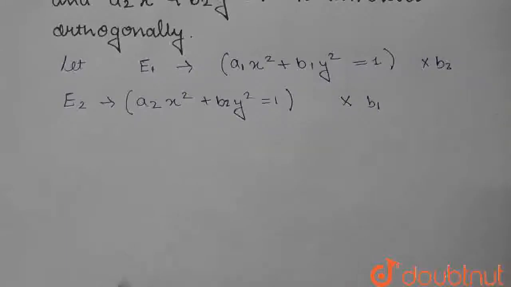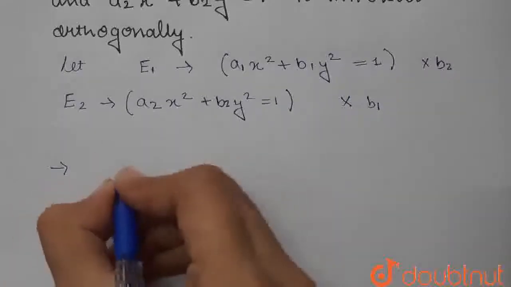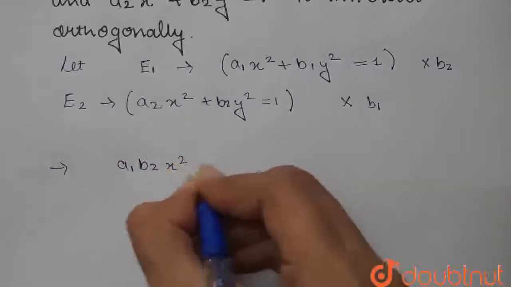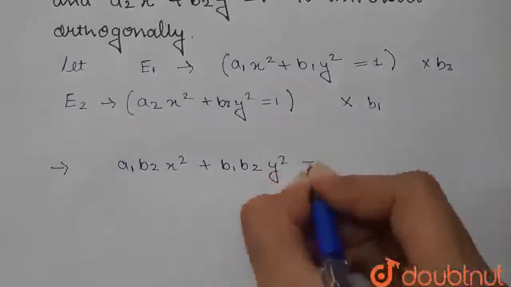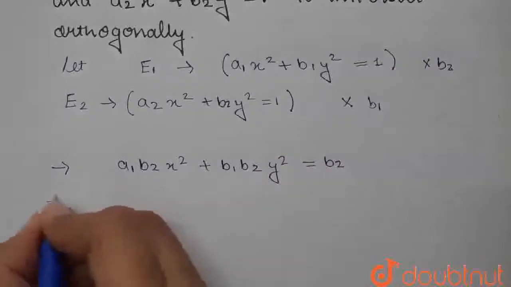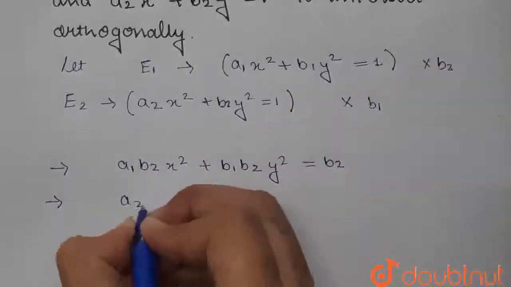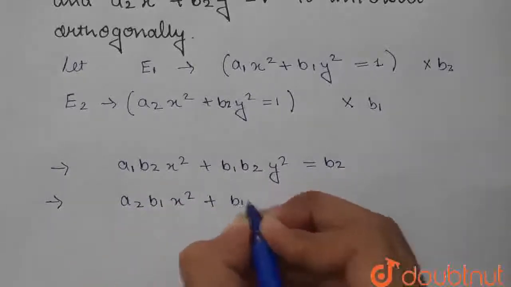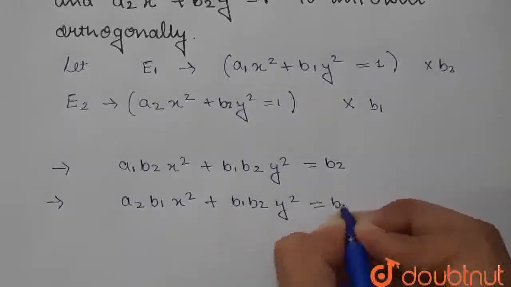After multiplying by b2, E1 will become a1 b2 x square plus b1 b2 y square is equal to b2, because 1 into b2 is b2. Next, the E2 equation will become a2 b1 x square plus b1 b2 y square is equal to b1.